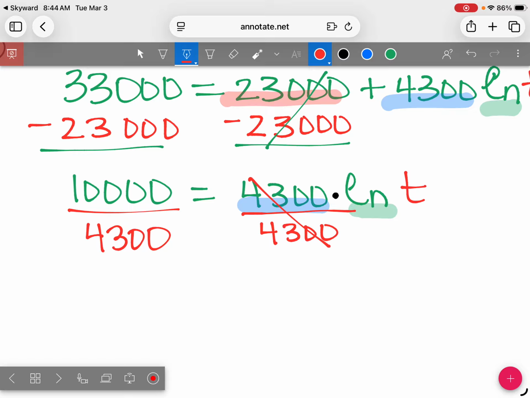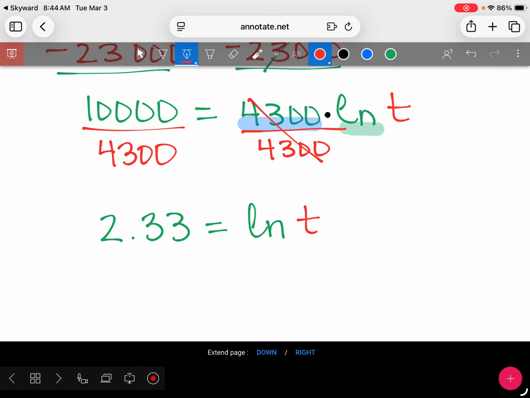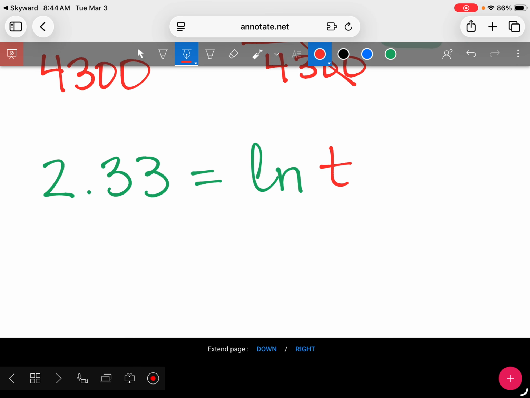So you should get, and make sure this is what you got, 2.33 equals the natural log of T. Who got that? Anyone not get that? The last thing that has to go is the natural log. What's the opposite of natural log?